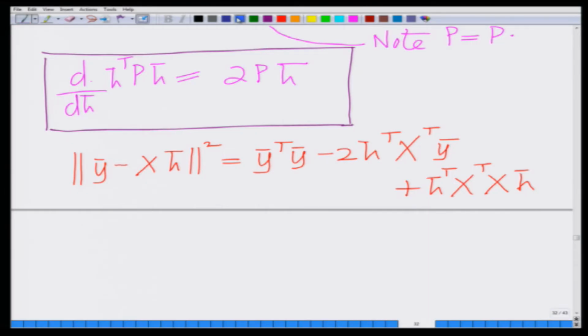And now if you look at this, let us treat x transpose y bar as your vector c bar, and x transpose x, you can see this is a symmetric matrix.